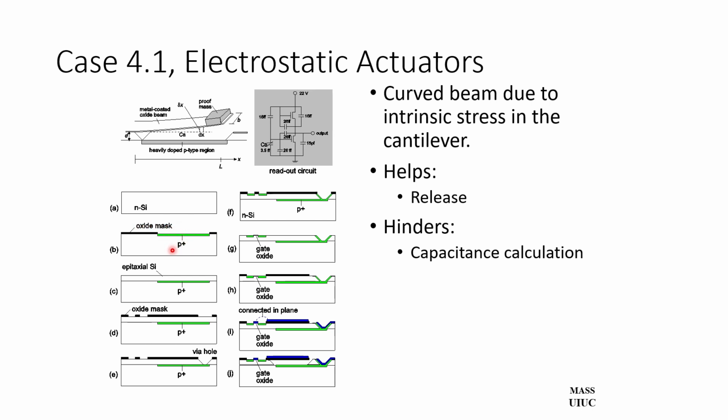In this silicon region, you can dope the surface silicon region to have a higher concentration for a conductivity change. Then we grow a layer of epitaxy silicon. This is single crystal silicon. The oxide is then grown on top of this epitaxy silicon again and patterned.